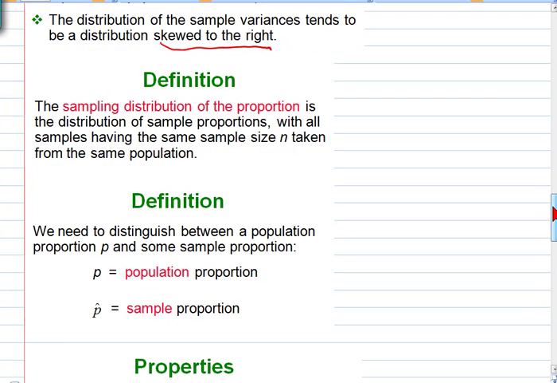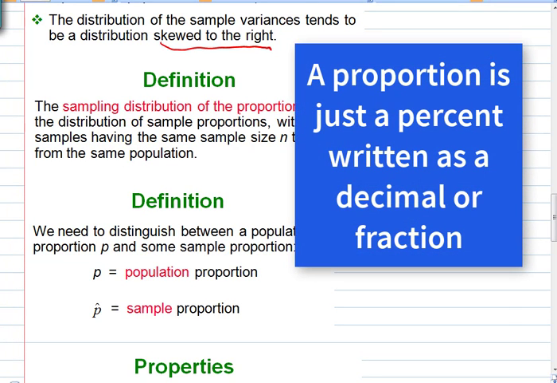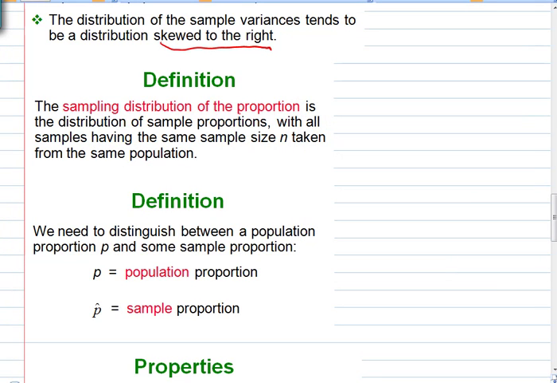So the sampling distribution of the proportion, though, instead of looking at an average, we can look at a percent of something. For example, let's say that I'm trying to find the percentage of people that have had DUIs. So I look at a population of size n and I pull out, let's say, 100. Well, if I look at the sample proportion for all groups of 100 people, then that proportion would be just like the one for the mean.